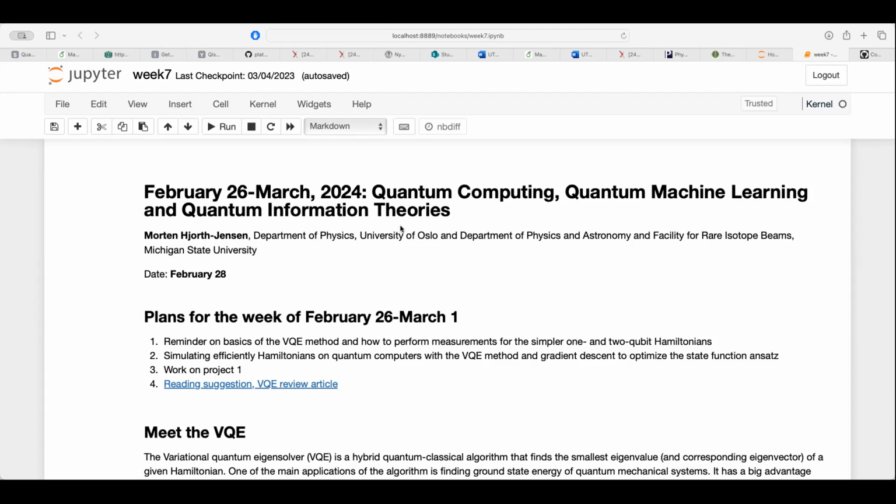So the whole thing, as we discussed last time, is that we rewrite a Hamiltonian, or the quantity we want to calculate, in terms of Pauli X, Y, and Z matrices, or gates as we call them. And the final gate is the so-called identity gate, or just the identity matrix.